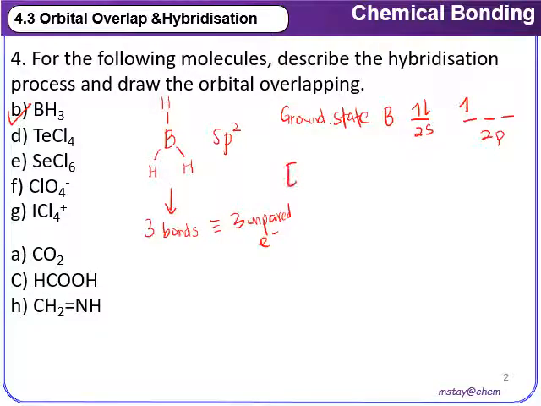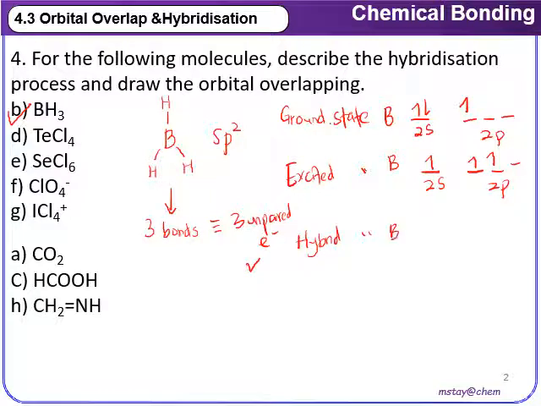So that's why we will proceed to the excited state for boron. One of the electrons from the 2s will be excited to 2p. So now after the excited state, we will fulfill the requirement of 3 unpaired electrons. Then we can proceed to the hybrid state.